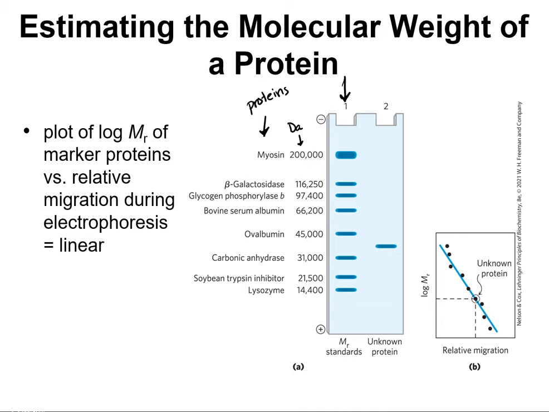If you plot the distance of their migration on the gel versus the log of their molecular weight, then you will get a standard curve.